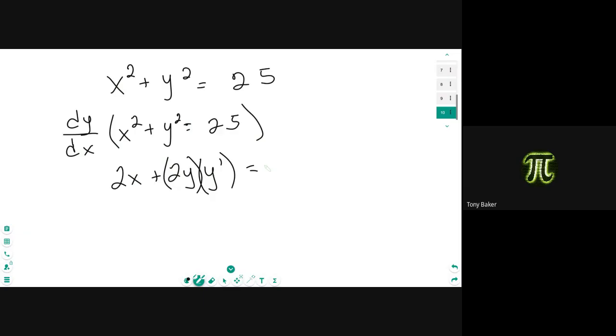What's the derivative of 25? Actually, I'm going to rewrite this as separate steps.